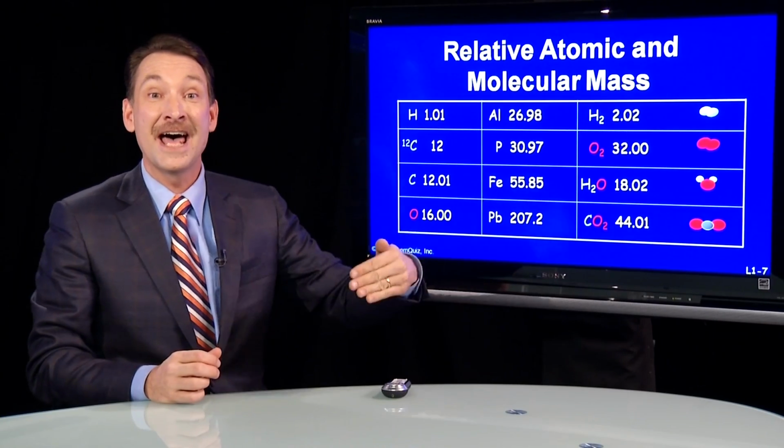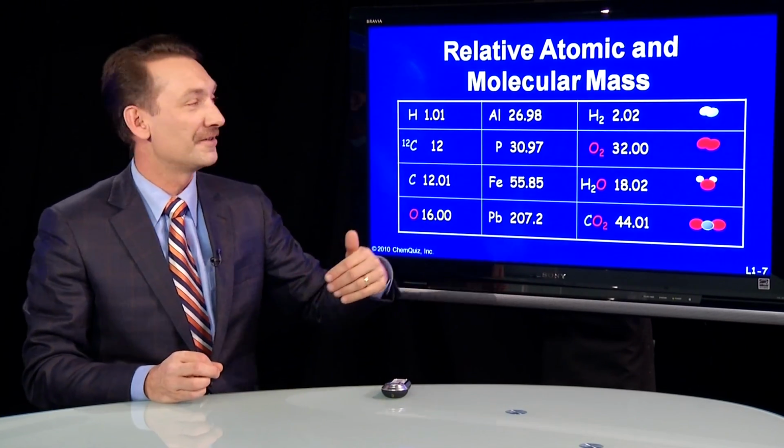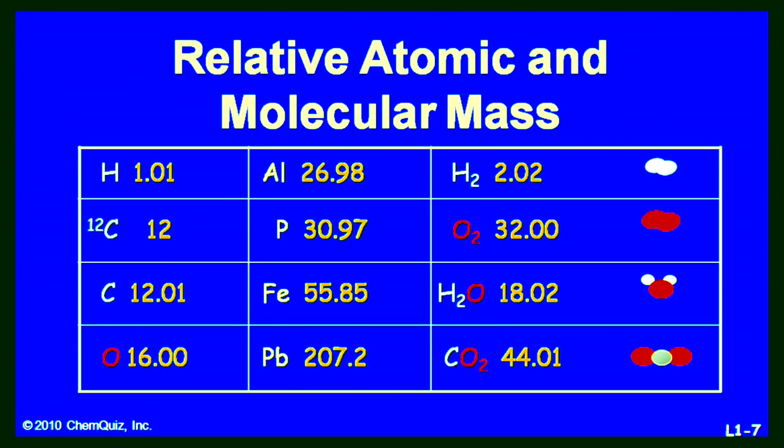In fact, I can add up the atomic relative masses to get the molecular relative masses. Simplest case, hydrogen, H2: there's 2 hydrogen atoms, so it has twice the relative mass of hydrogen atoms, or 2. Oxygen, O2, 32, twice as massive as oxygen atoms.